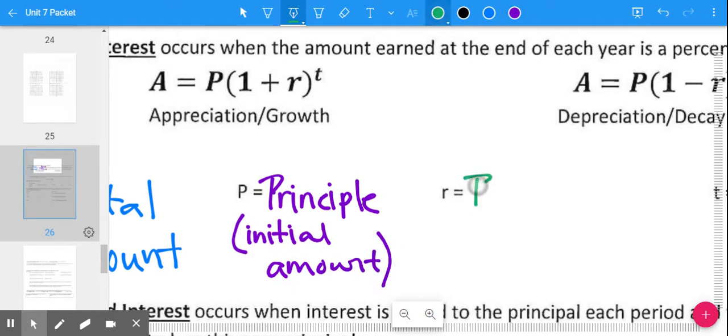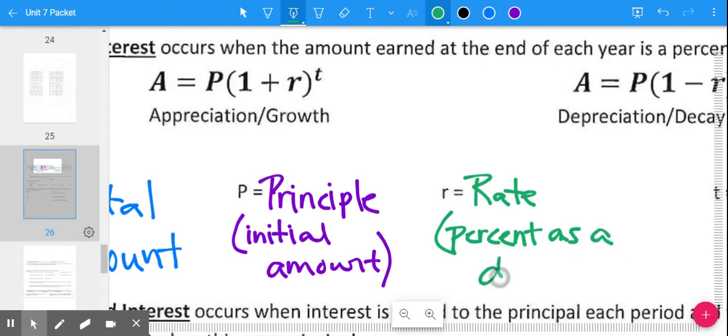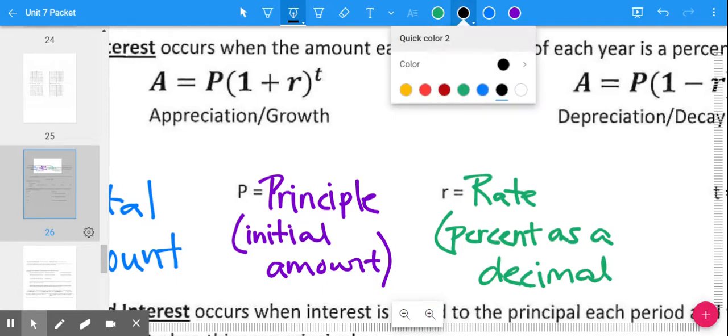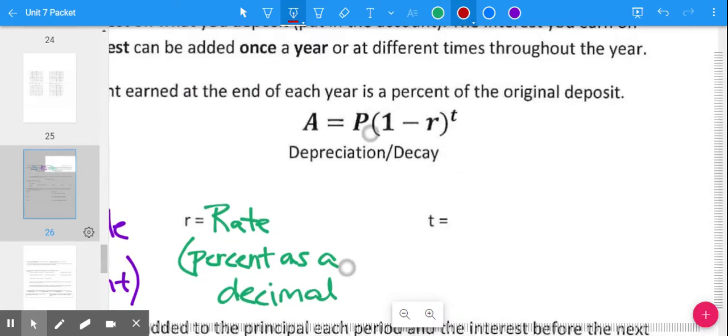R is the rate, which we write as a decimal, so percent as a decimal. And then T is your time, typically in years.